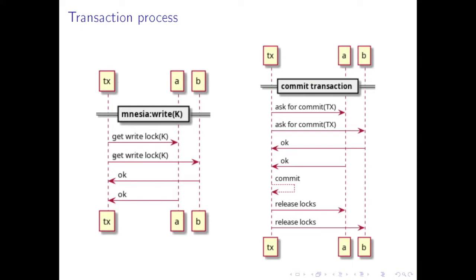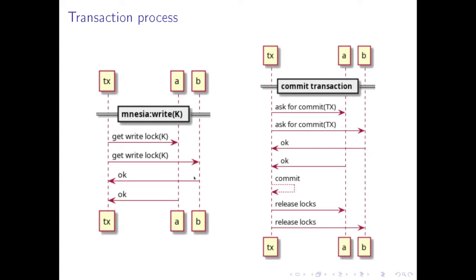In order to do this, first, the transaction process has to send messages to every node that holds a replica of the table, so to A and B. The replicas check Mnesia worker process data to see if this lock is held by our transaction, and depending on the outcome, they can either add this new transaction to the waiting queue, or reply with OK, or ask the transaction to restart.